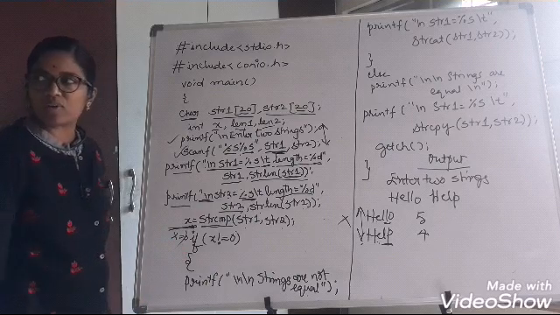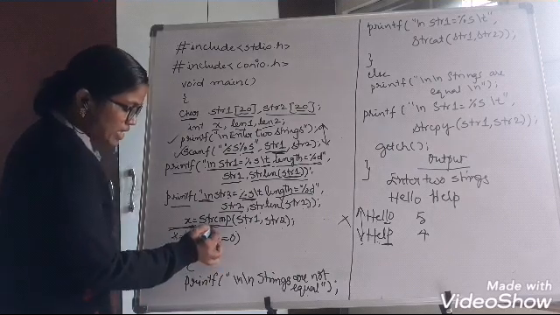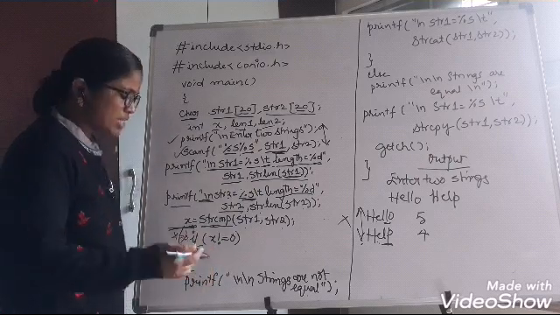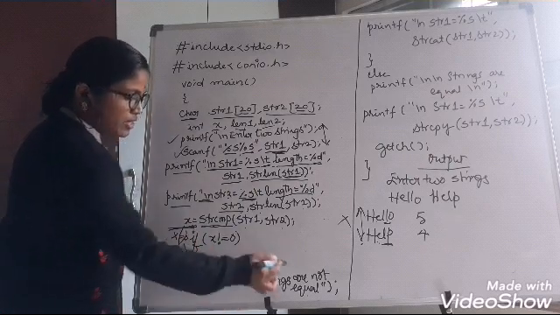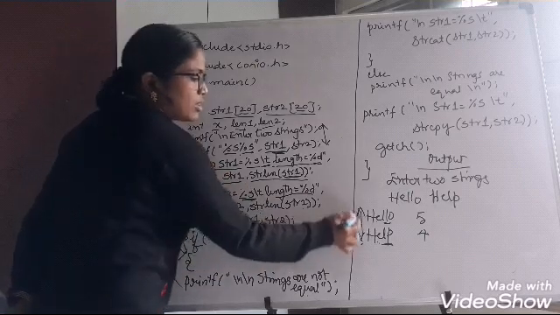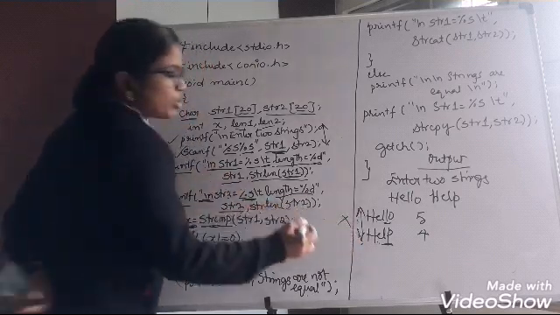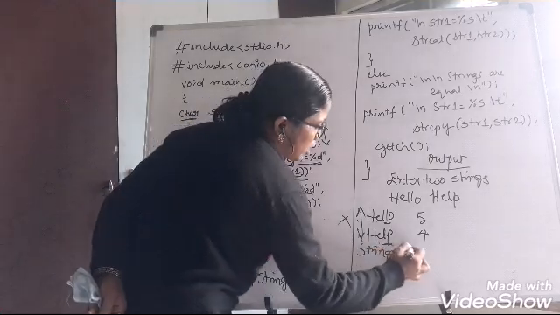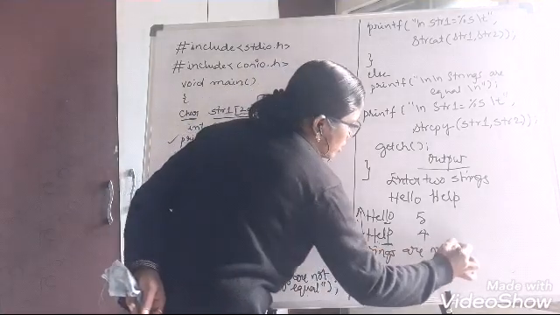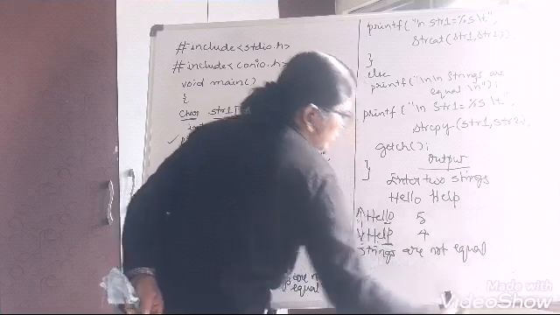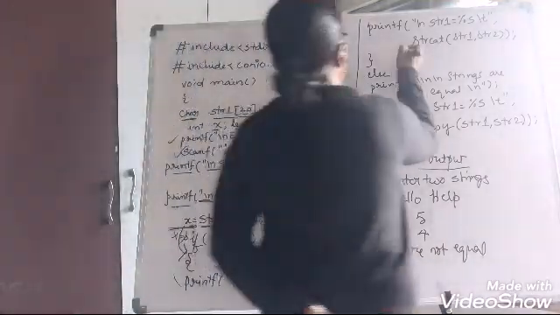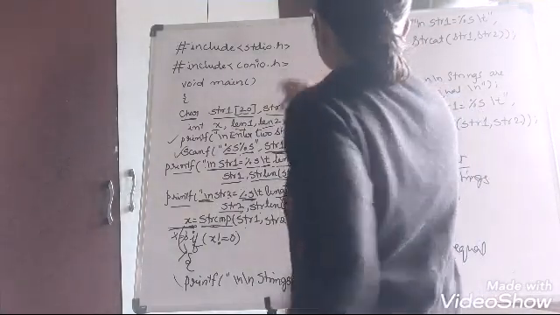As x is not equivalent to 0, in the if statement I am printing that strings are not equal. So I will write strings are not equal. After that, I will continue my output here.